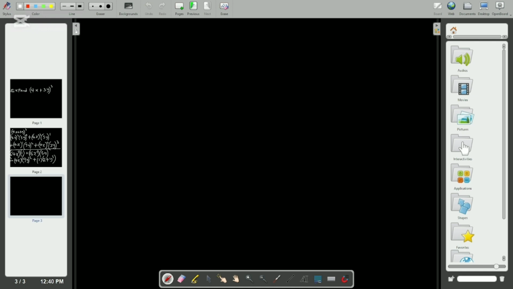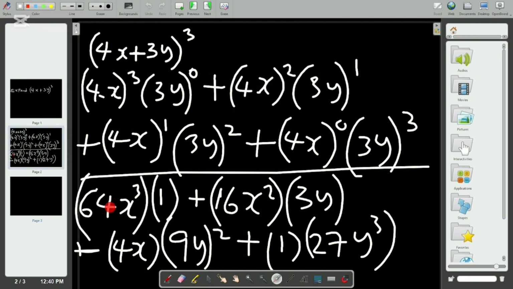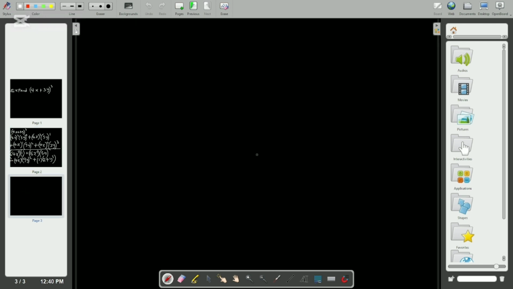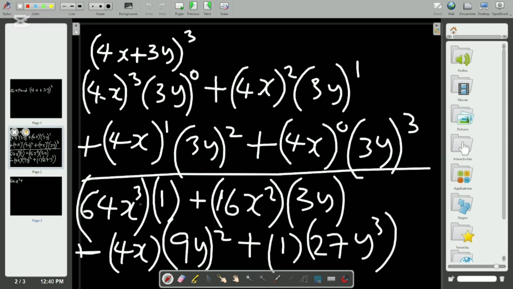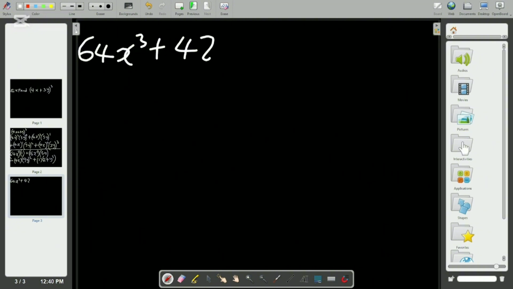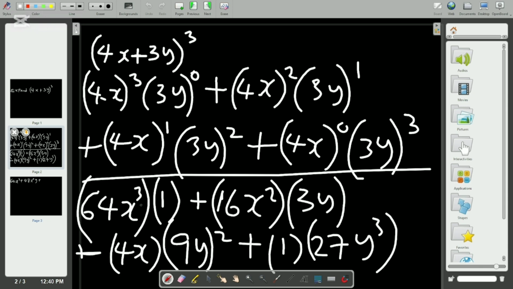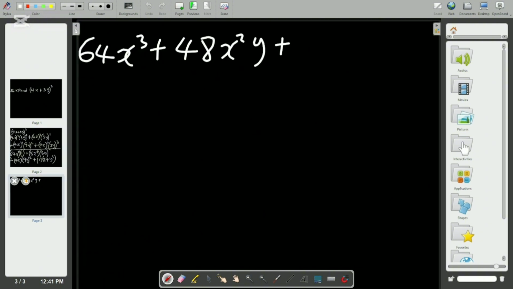So we're going to apply these ones. We start with this: 64x cubed times 1 will give us 64x cubed, plus 16 times 3 will give us 48 x squared y, plus 4x times 9y squared, that will give us 36xy squared.